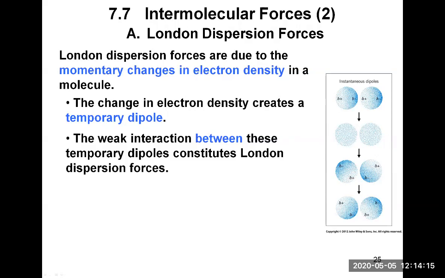But at another instant, all the electrons may be randomly distributed so well that there is no imbalance in the distribution of the electrons. And so that would be the second illustration here.